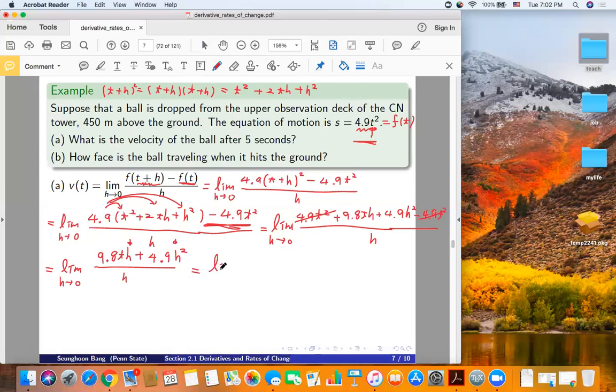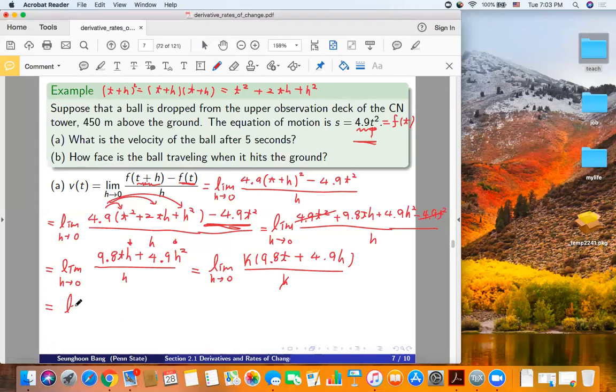Factor out h: the limit as h approaches 0 of h times 9.8 t plus 4.9 h, over h. h is crossed out.